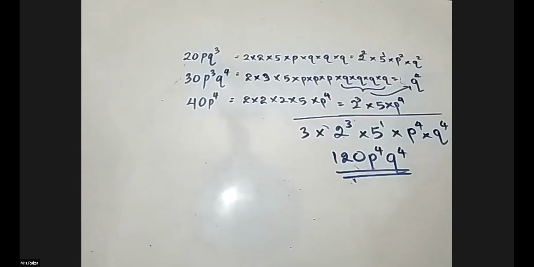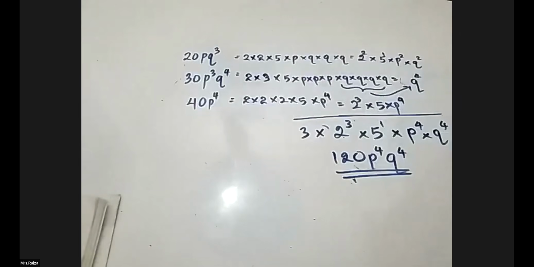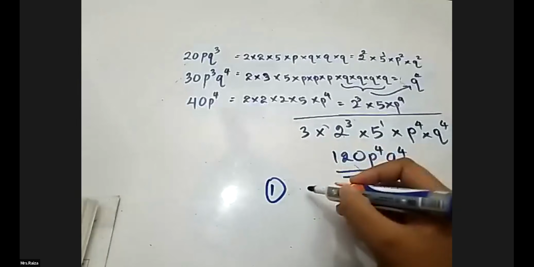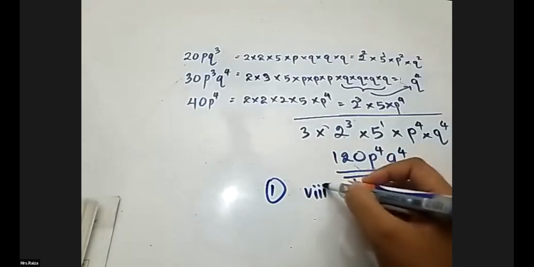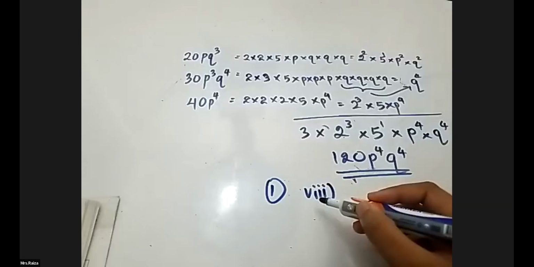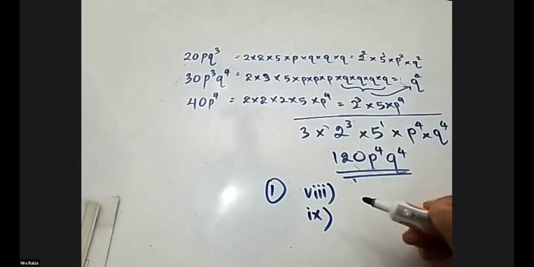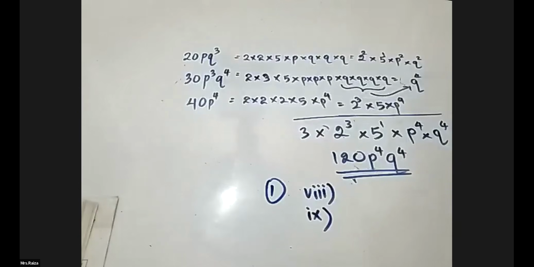So you are able to do exercise 12.1 now. Take your book, exercise 12.1. Can you see all are similar questions? Shall we do a little question from that? Take the 8th one and do the 9th one. Do these 2 questions fast. Only those 2. Then after that, we can go to 12.2.